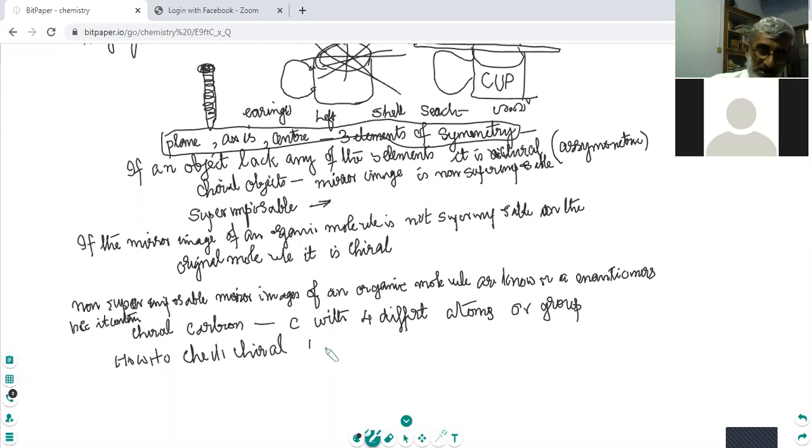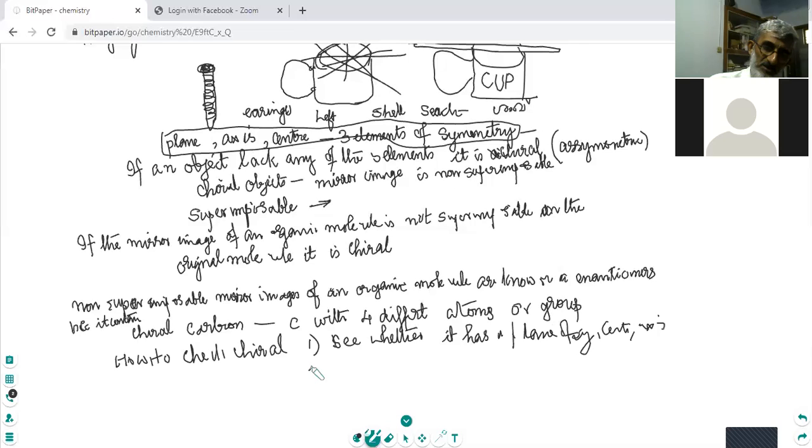See whether it has a plane of symmetry, center of symmetry, or axis of symmetry.